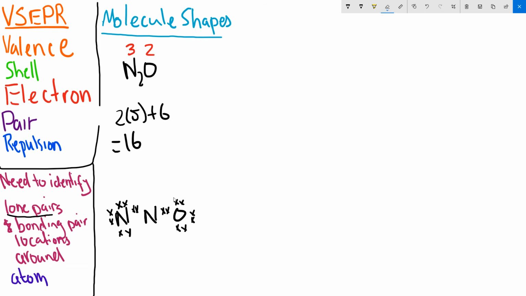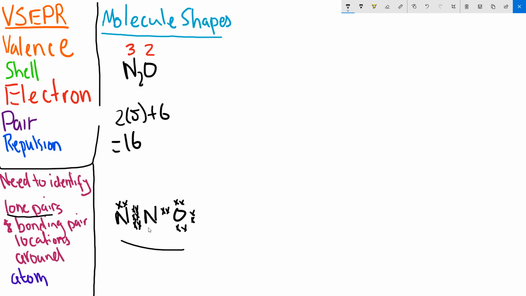Again, in a similar fashion to what I did with COF2, nitrogen has the highest valency, so I'm going to move 2 pairs of electrons from outside the nitrogen into the middle, forming a triple bond between each nitrogen atom. Now this is my correct Lewis diagram for N2O.